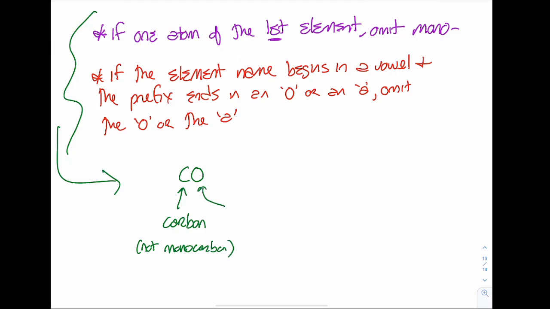I do only have one oxygen, but it's my second one, so I'm not going to omit it. However, oxygen begins in a vowel, mono ends in an O, so I'm going to say monoxide. Remember, I'm modifying that ending. So not monooxide. So both of our exceptions get used in that one example. So carbon monoxide.